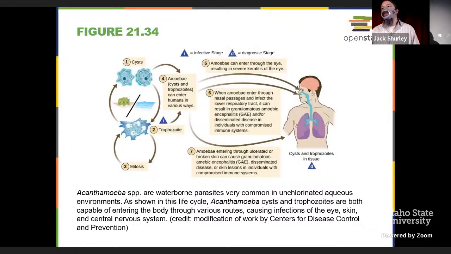There have been issues for sure with Acanthamoeba and individuals that wear contacts. It has been a contaminant in contact lens solution that you buy commercially. That's an issue, and people have become infected. Untreated, it can potentially result in blindness.